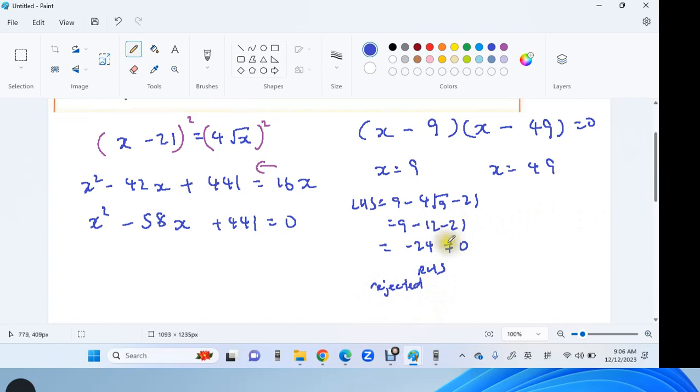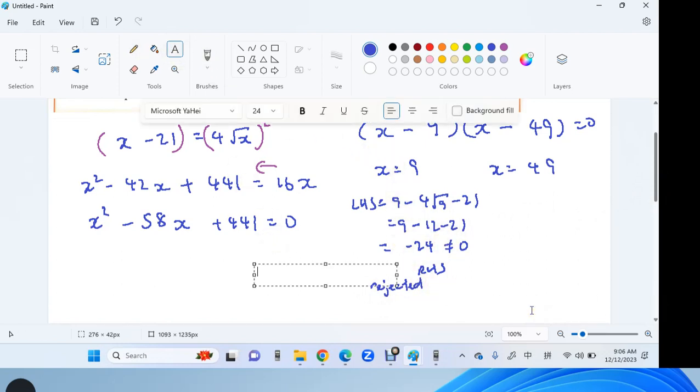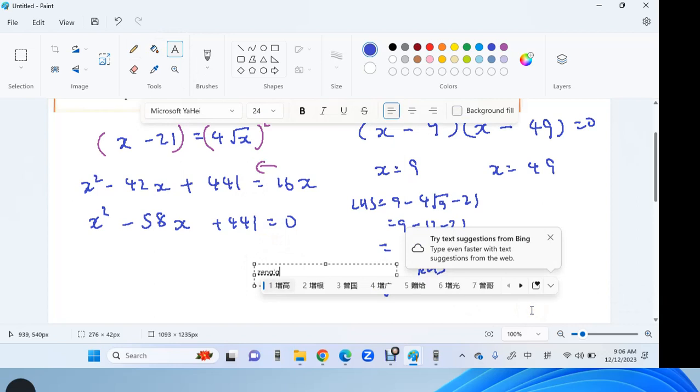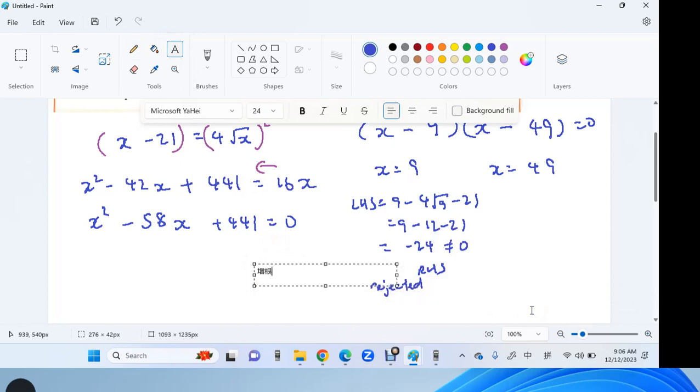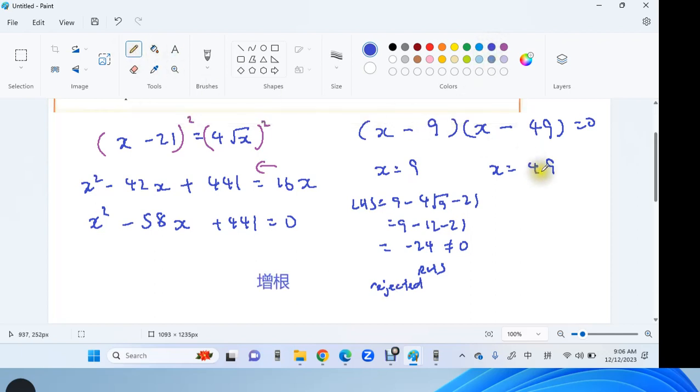So this one, in Mandarin, we call it 真根. It is a root that actually does not exist, but because you're using this method, it is a root that you added.